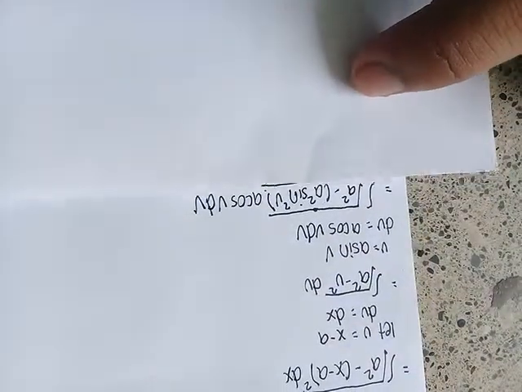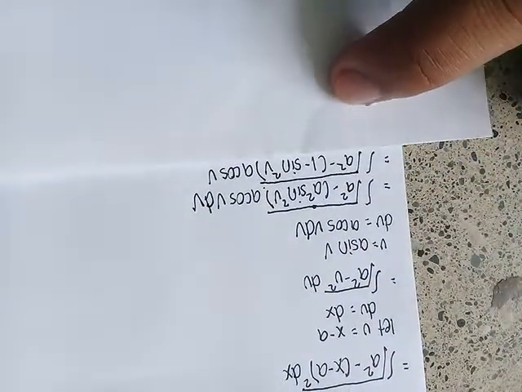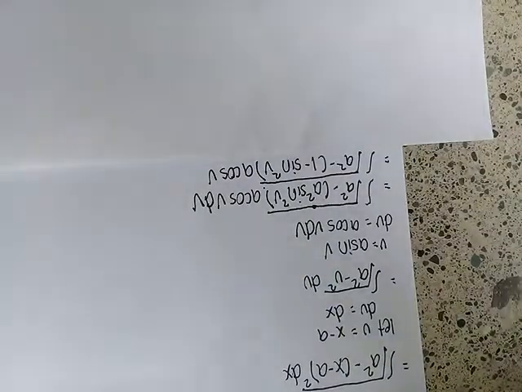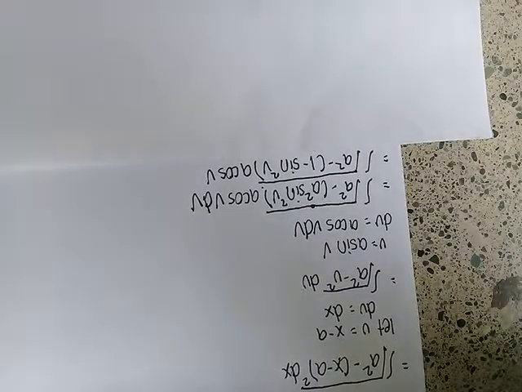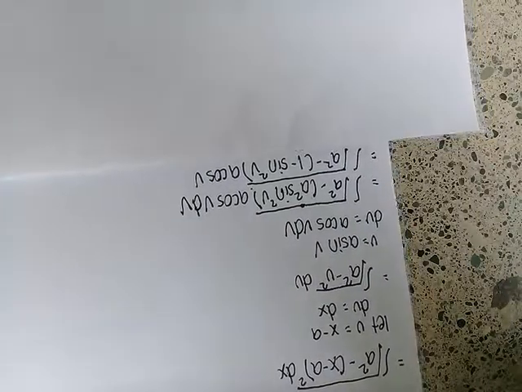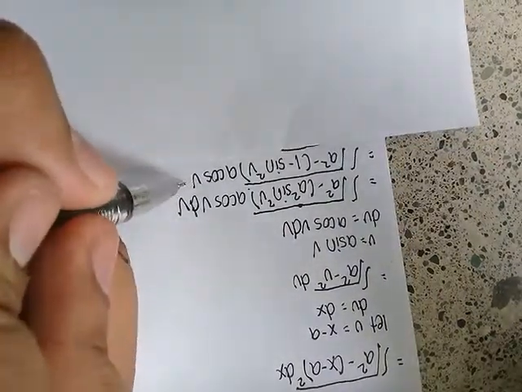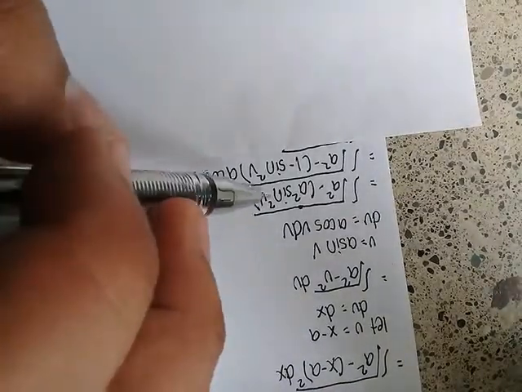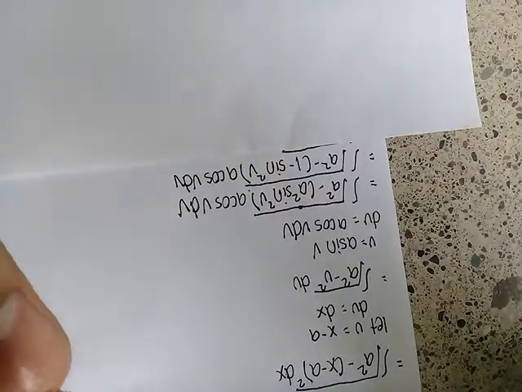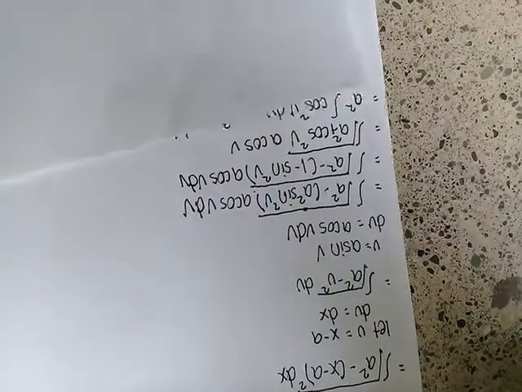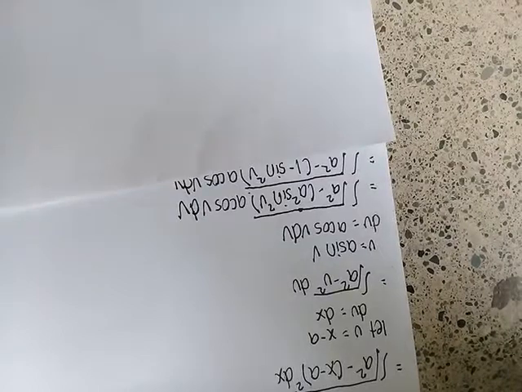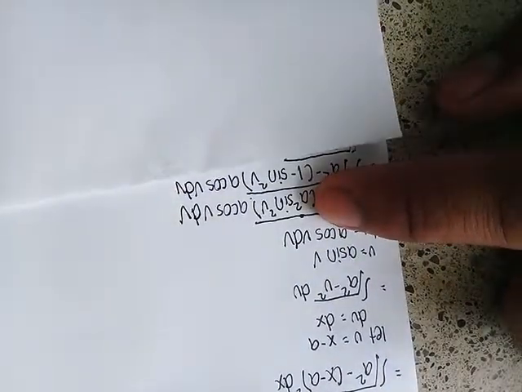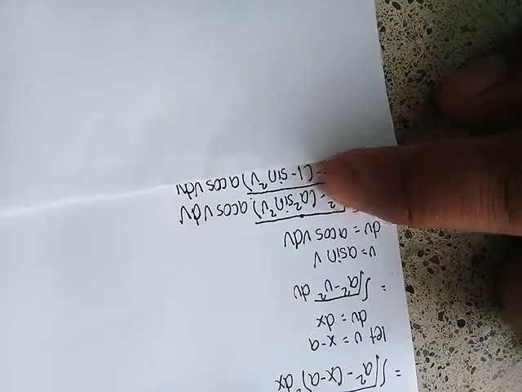And then right here, based on the rule of sine squared v, we will turn it into 1 minus sine squared v.